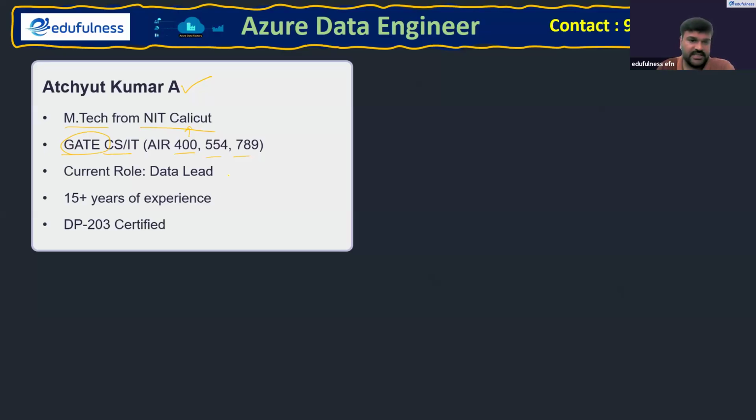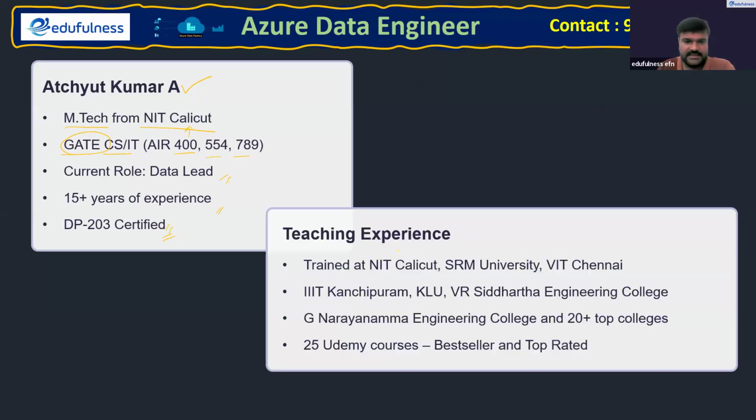As a data engineer, total experience is 15 plus. This certification is of course expired right now. Related to the data domain, this is my certification, and I also have teaching experience in different colleges and organizations, where I used to give trainings like technology training, GATE training or placement training. So different things are there.